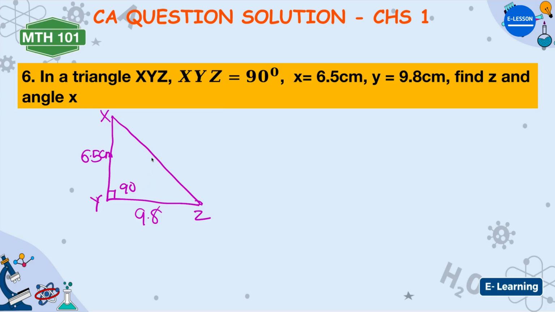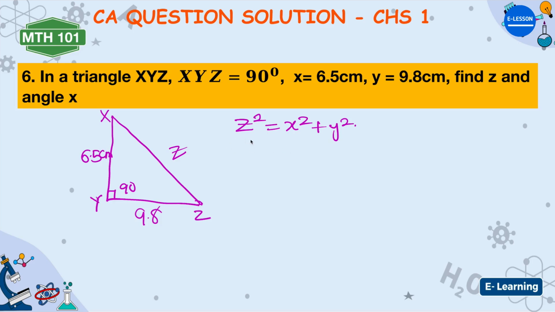Now, how do you find z? z is very easy. How do you look for z? You use Pythagoras theorem. This place here is our z. Are you getting it? Hypotenuse. Let's represent it with z. So z squared is equal to what? x squared plus y squared.